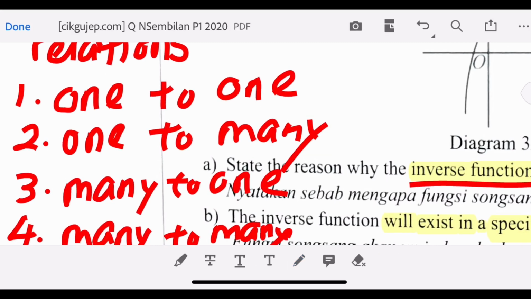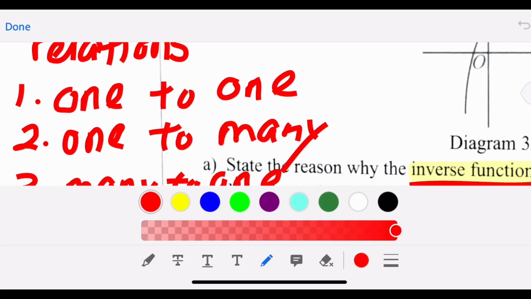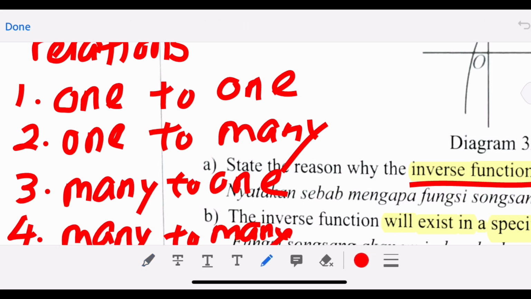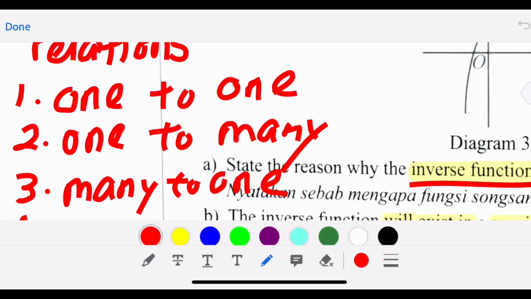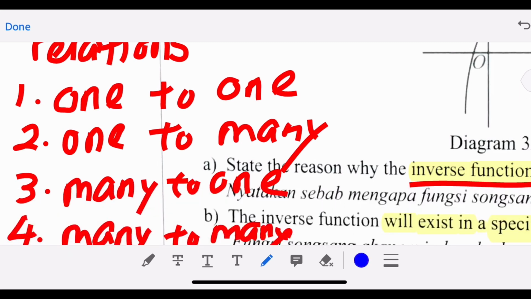Now let's apply this concept to the graph or curve of a function. When you look at the graph, you can actually read out the x value and the y value. When you read the x, that is the object. When you read the y, that is the image.